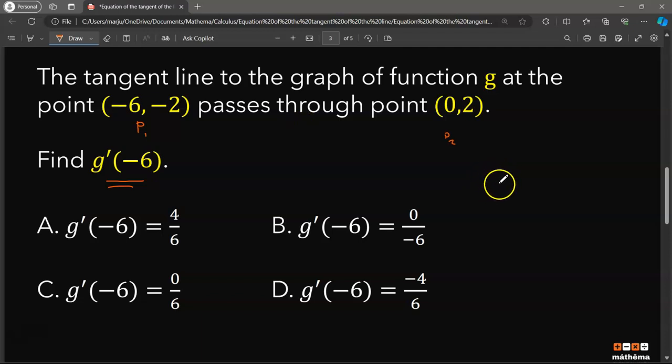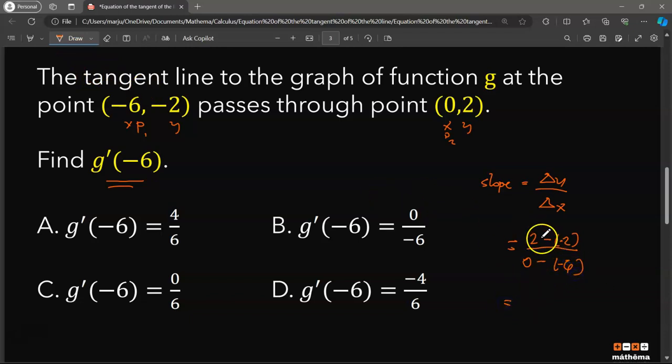Slope is just change in y over change in x. So we will have 2 minus the negative 2 over 0 minus the negative 6.